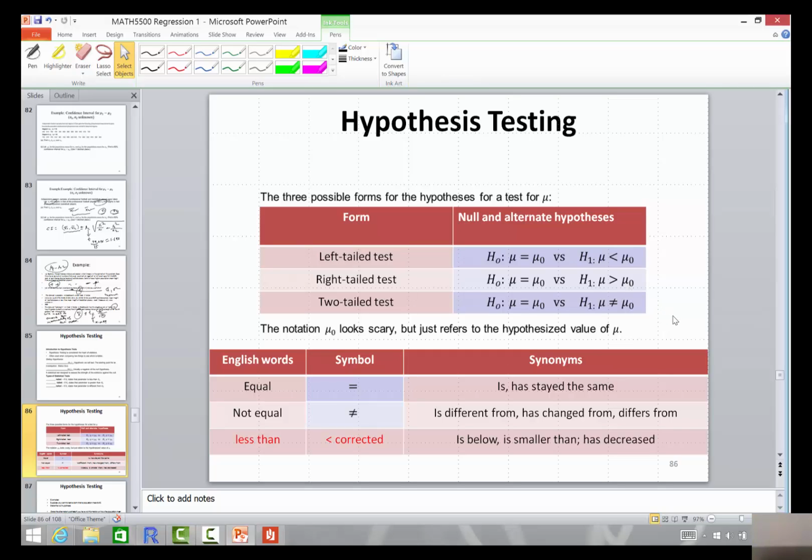The equal sign stays the same for the null hypothesis. Not equal is different from, has changed from, or differs from. I'll show you where to use this chart. In your hypothesis testing problems, if the problem says different from, has changed from, or differs from, that means not equal.